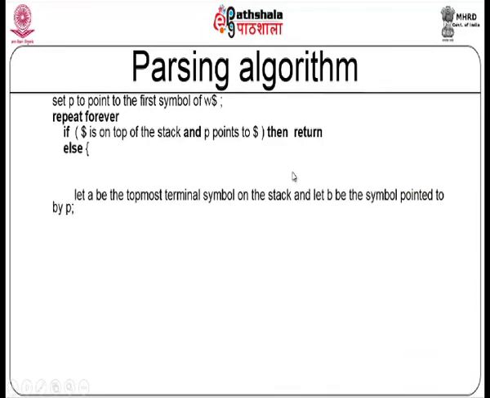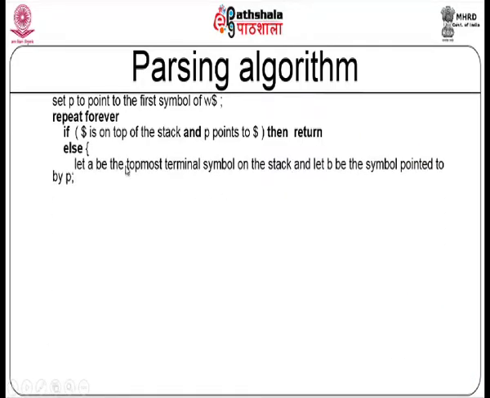Else, let A be the topmost terminal on the stack, and let B be the symbol pointed to by P. So, you have A on the stack and B is the input pointed to by the pointer P, and if A is less than B or A equal to B, this means that A has a precedence less than B or A has a precedence equal to B. If A and B have equal precedences, or if A has a precedence less than B, then you do a shift action.